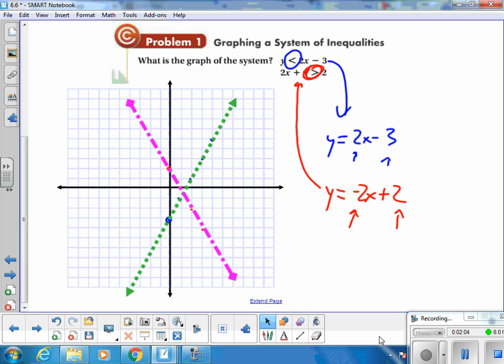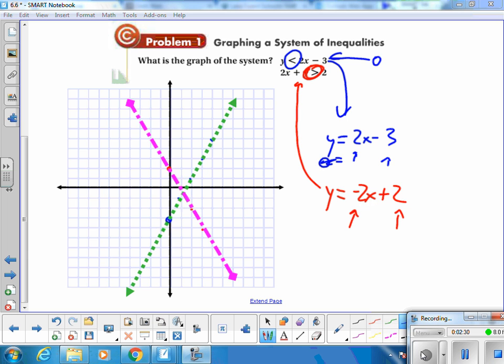Okay, we've got to find some shading here. Let's see what works. For my first inequality, I'm going to plot a point. I like to use 0, 0 to see if this is true. I need to go back to my original inequality.